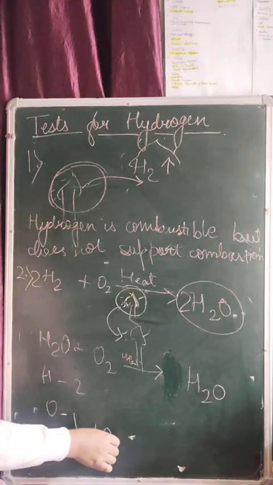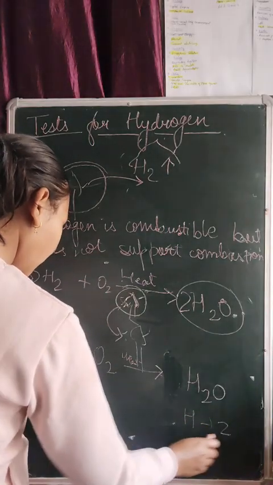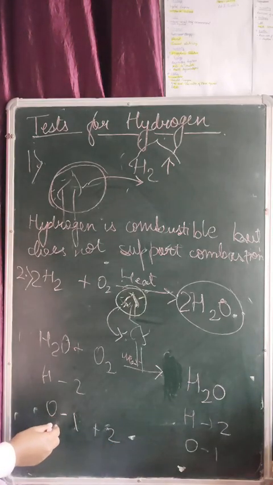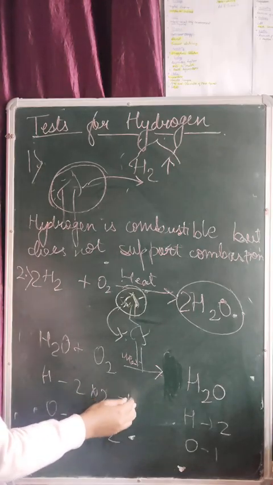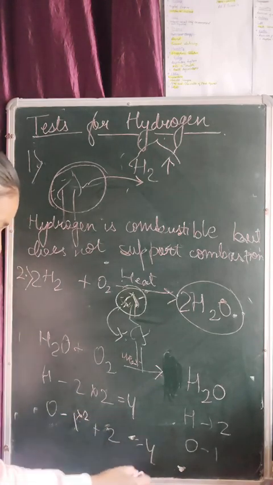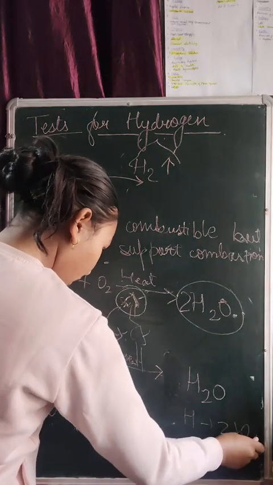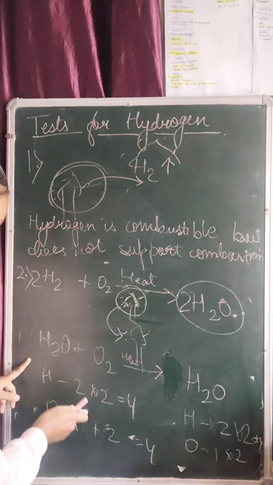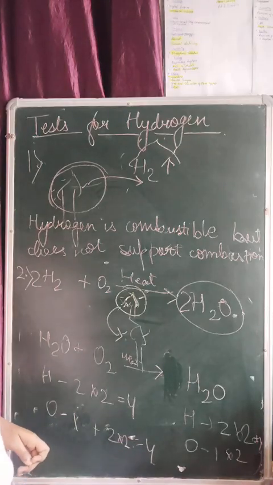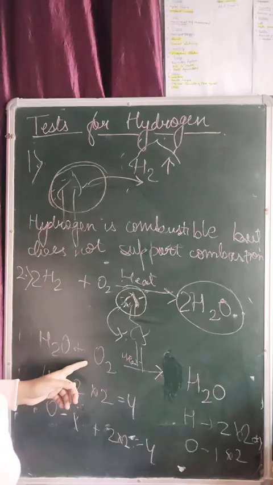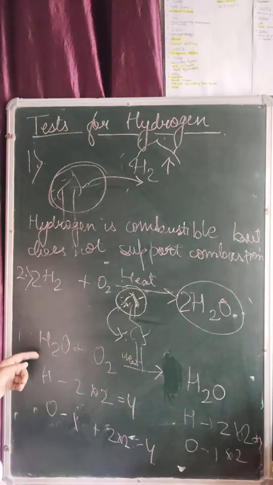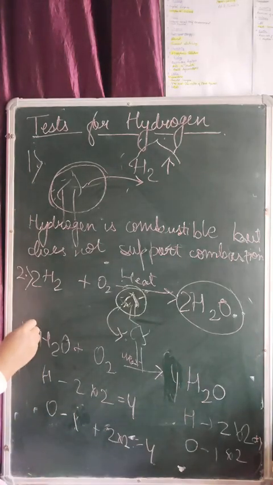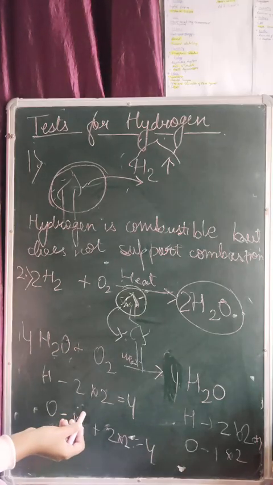This is a trick of balancing. If we take 2 here, 2 here, multiplied by 2, we get 4 to 4, 8, 4 to 6.